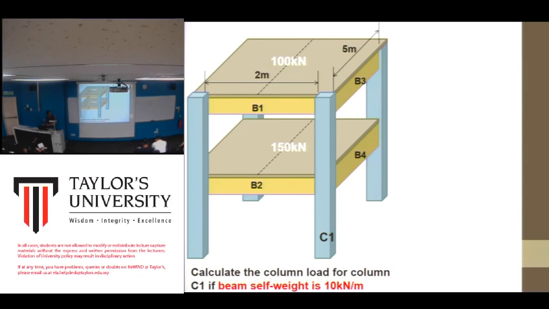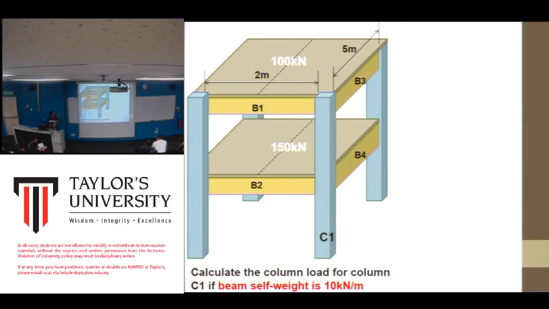Normally, in the beam calculation last time, for slab we use kilonewton per meter. But in this case, because it's just a 3D image like this, I just put the total load of the slab, and this is 150 kilonewton for this level, for this slab.